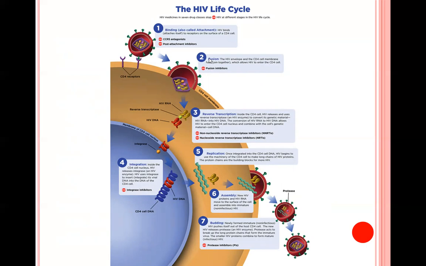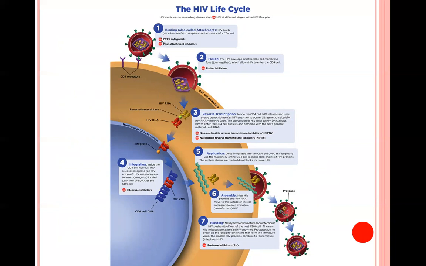I think I'm getting confused with special needs. I use this slide in special needs as a reminder because I just really like this slide, but it basically shows the life cycle. It shows the virus, and it shows how HIV binds, or attaches itself, to receptors on the surface of the CD4 cell.